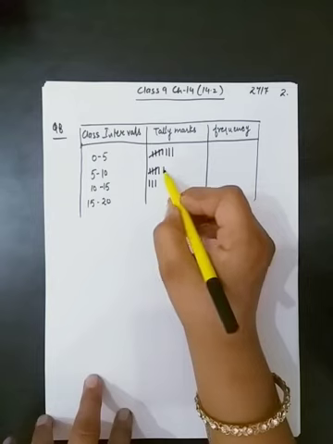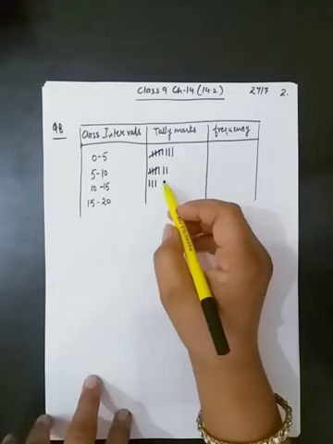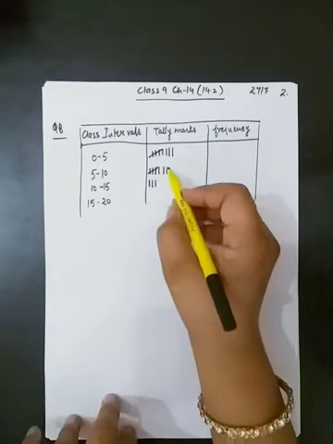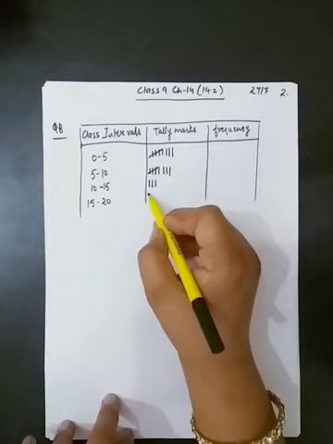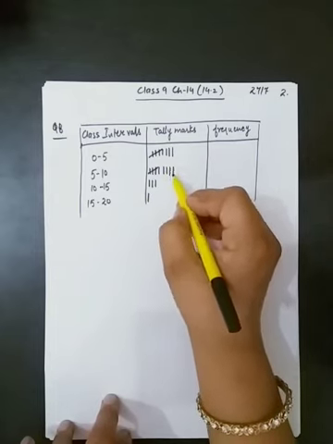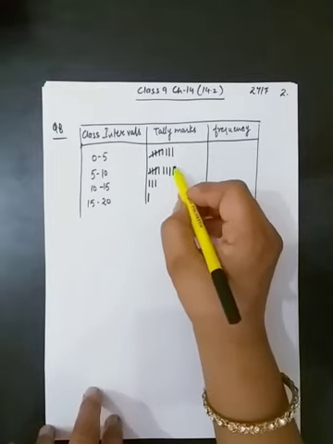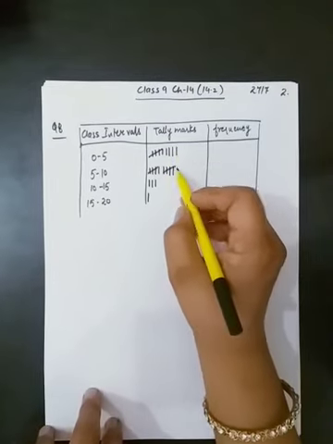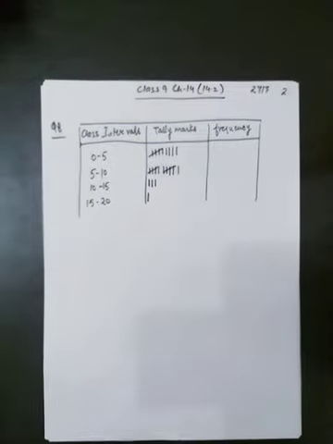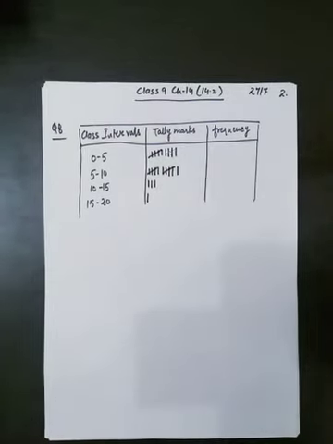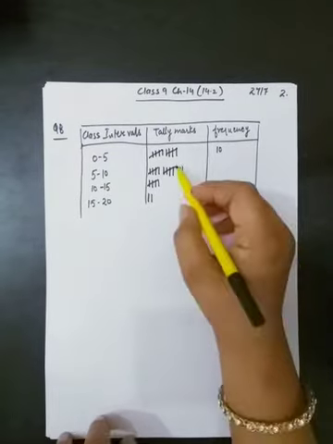Next 5, 15 and 8. Next 8, 1, 7. Similarly we will complete it. All the tally marks are completed, so we can write the frequency.